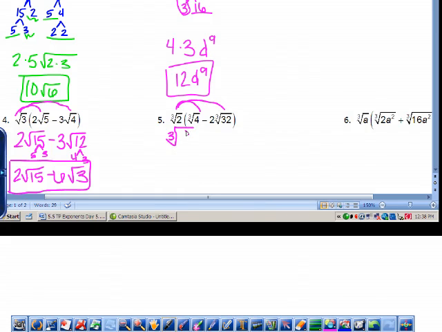Cube root of 8 minus 2 times the cube root of what? 64. All right, what is the cube root of 8? 2. And what is the cube root of 64? 4, and 4 times 2. So this is 2 minus 8, which gives us negative 6.